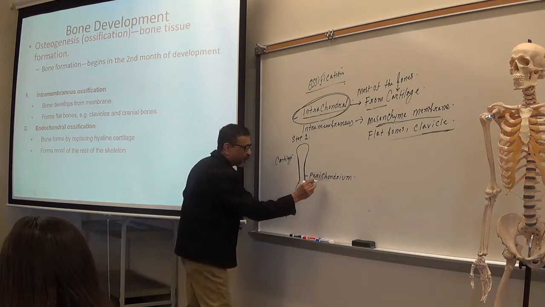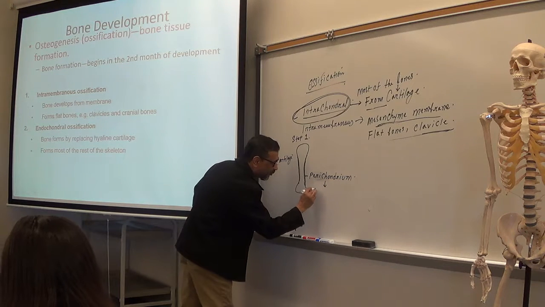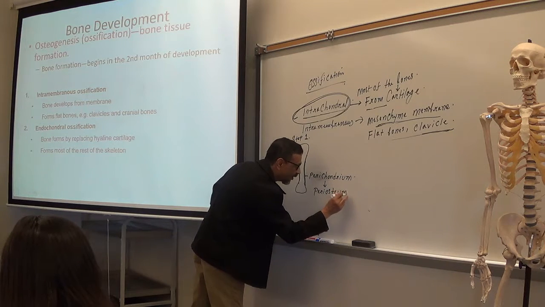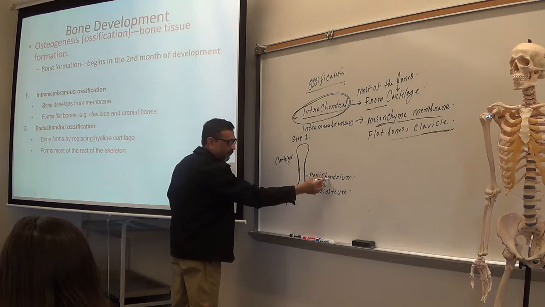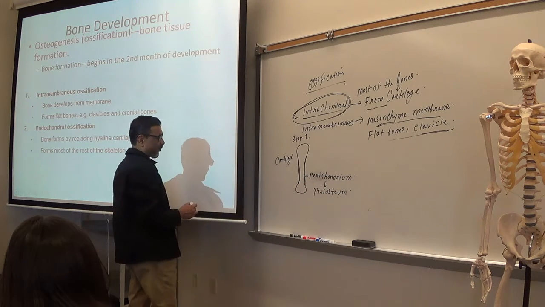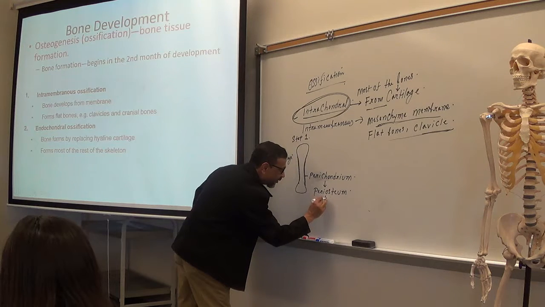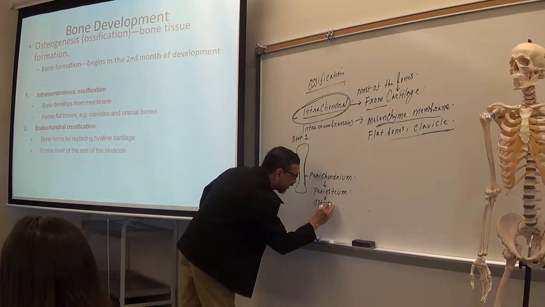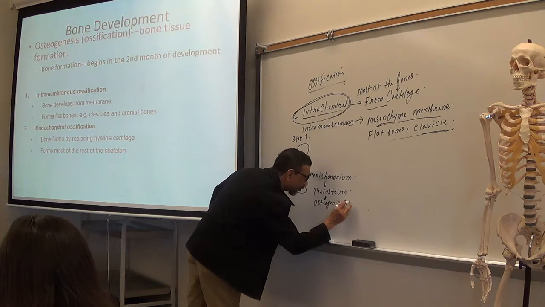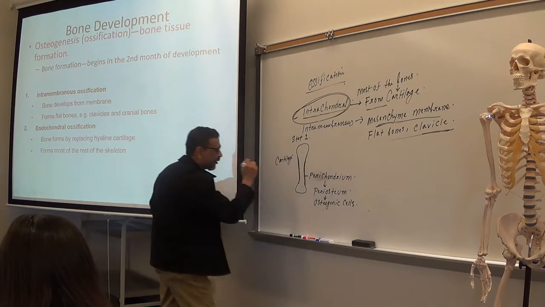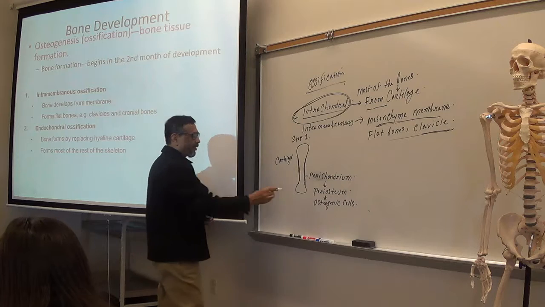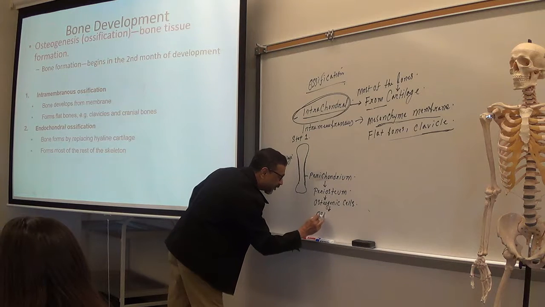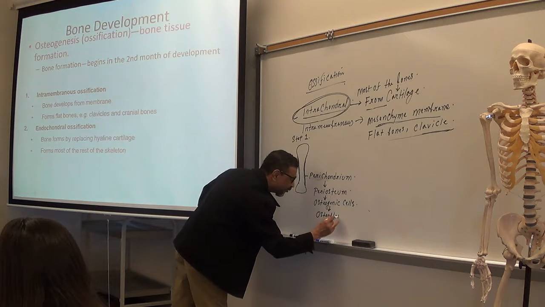The perichondrium becomes periosteum. So that covering perichondrium becomes periosteum. And periosteum has, as you already know, osteogenic cells. These are the stem cells in the bone periosteum, and osteogenic cells are converted to osteoblasts.